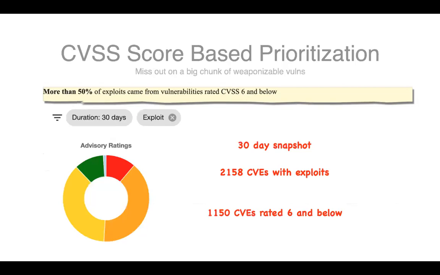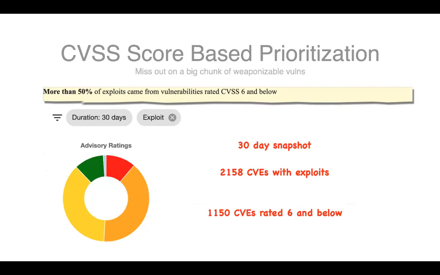Okay, so let's talk about CVSS score-based prioritization. More than 50% of exploits came from vulnerabilities rated at CVSS 6 and below. These are the ones that we don't worry about because they don't have a high enough ranking number. And for those of you that may not be super technical or super close to the vulnerability process, CVSS is just the scoring system we use to say how bad it is.